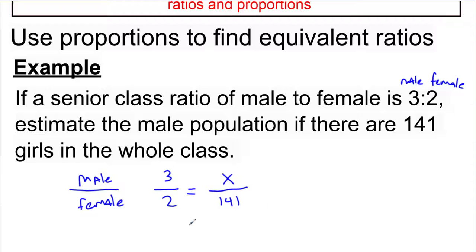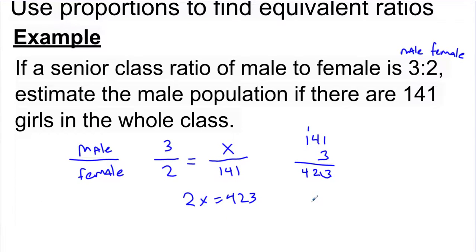2 times x is 2x. 3 times 141. 3 times 1 is 3. 3 times 4 is 12. Right, 423. So now I just need to do my division. Divide by 2 on both sides. I'm going to say 2 into 423.